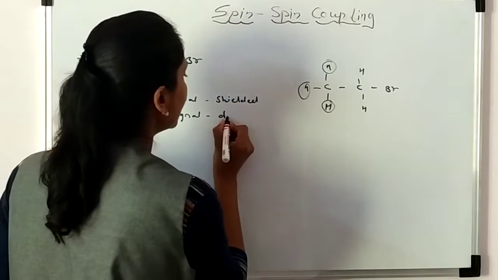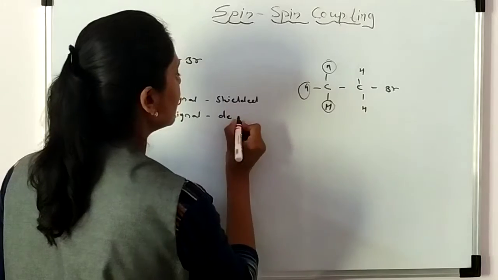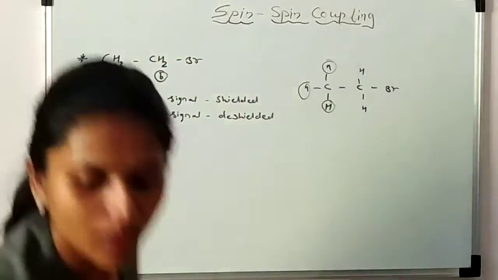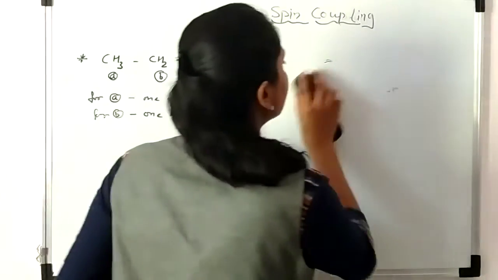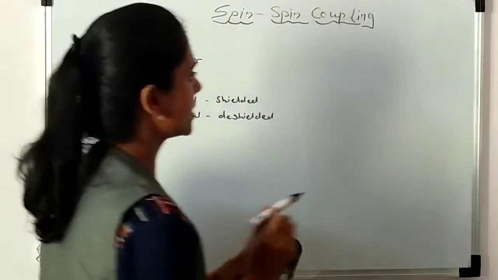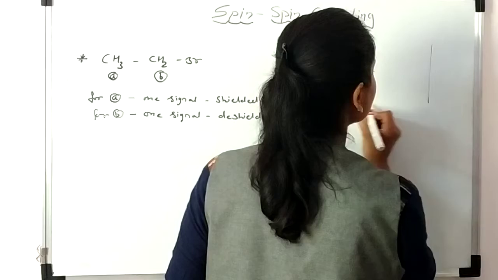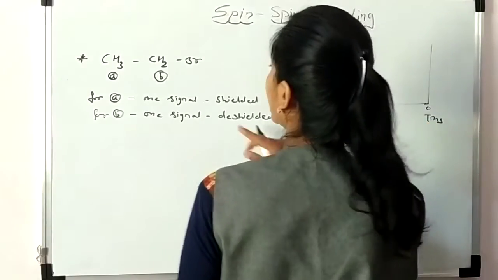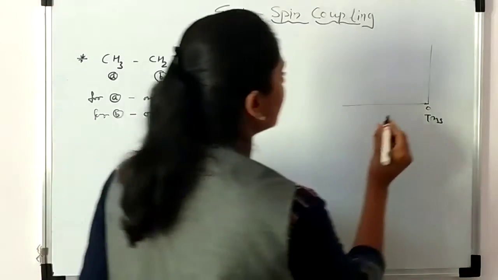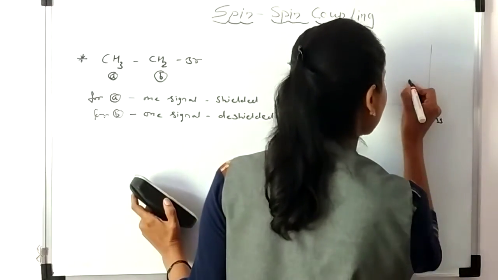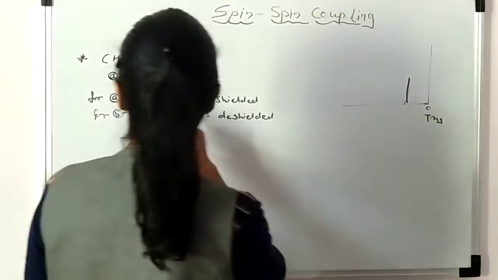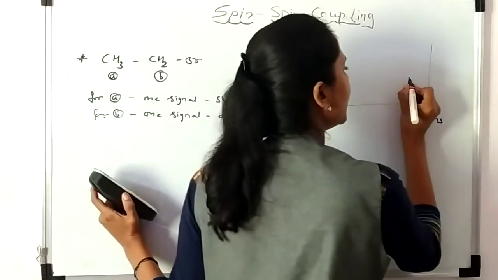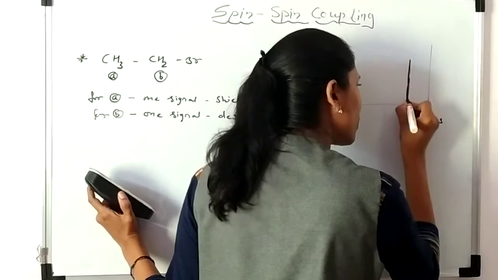In this comparative study, if we draw an NMR spectrum here, we get a spectrum like this. This is the 0 PPM signal, shielded, one signal here. A gives the shielding here, with much more intensity.